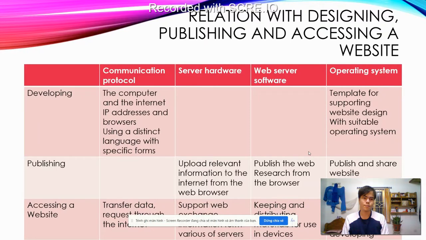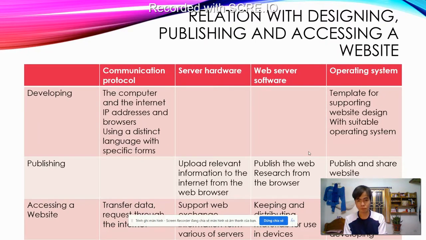Operating systems have templates for supporting website design with a suitable operating system. On the publishing section, the server hardware uploads relevant information to the internet from the web browser. The web server software publishes the web research from the browser.